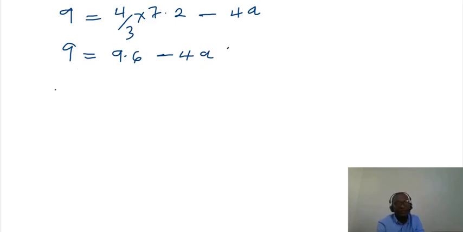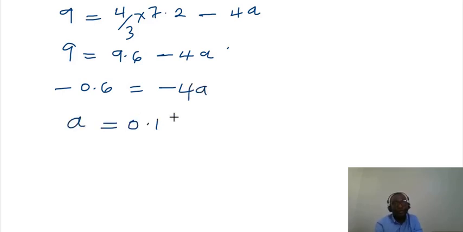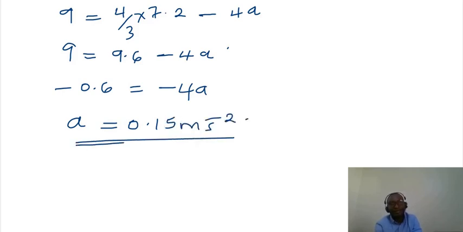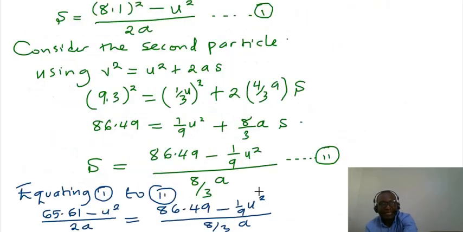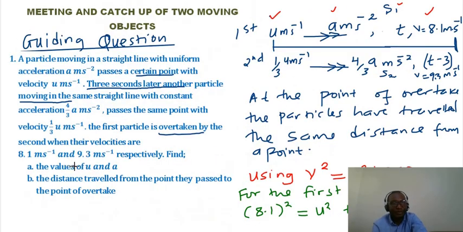When 9.6 crosses, negative 0.6 being equal to negative 4a, and the a is now equal to 0.15 meters per second squared. That's the value of a. Okay, so we are done finding the values of a and u.